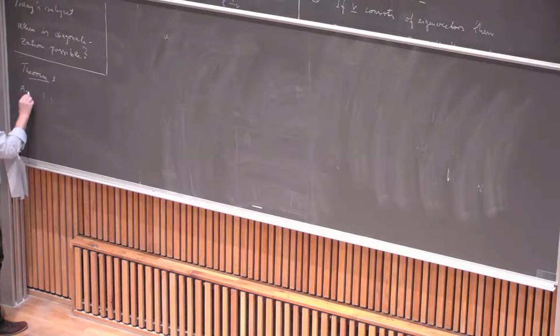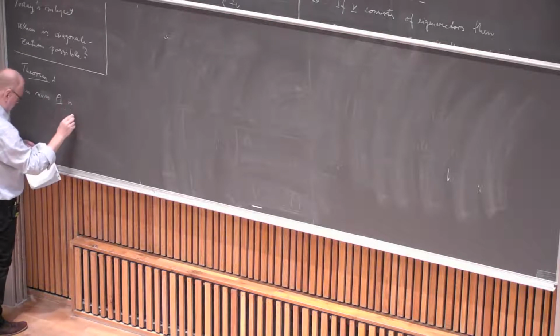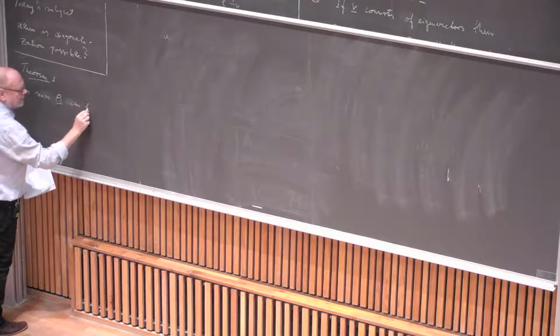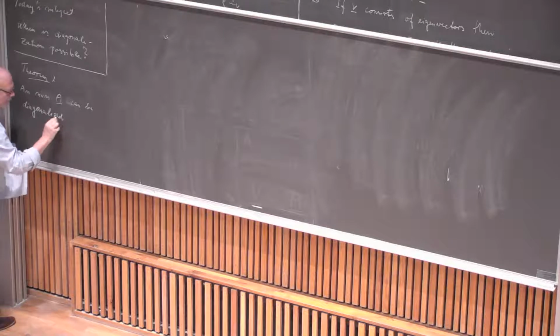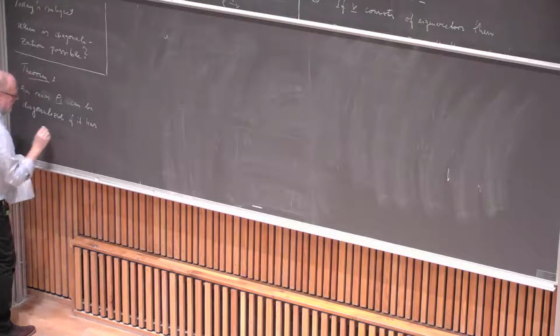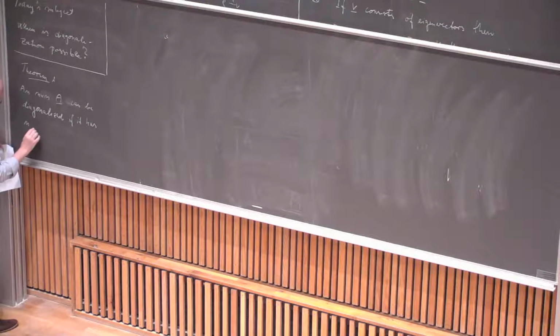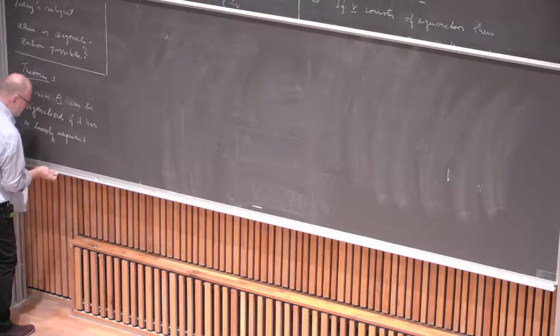It says that an n by n matrix A can be diagonalized if it has n linearly independent eigenvectors.